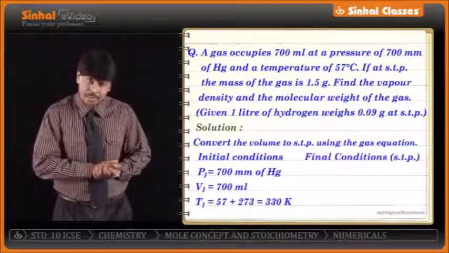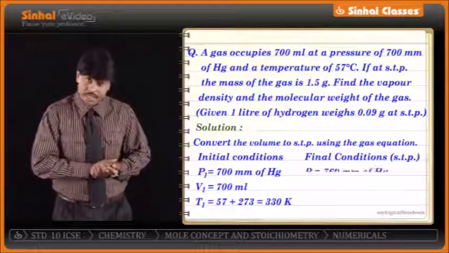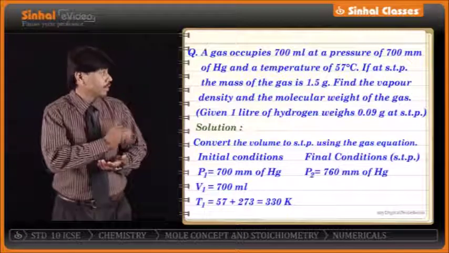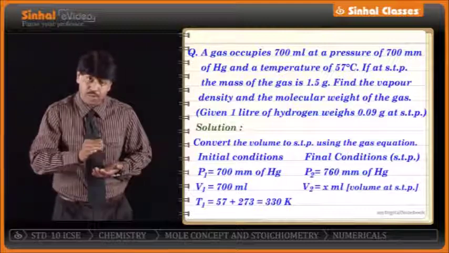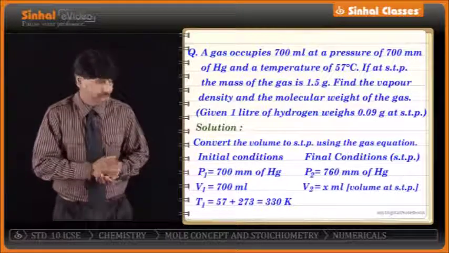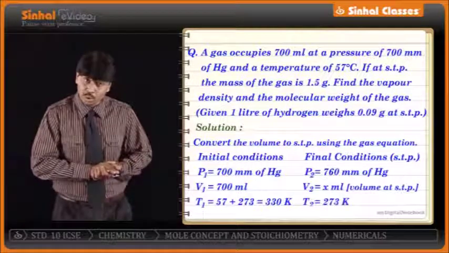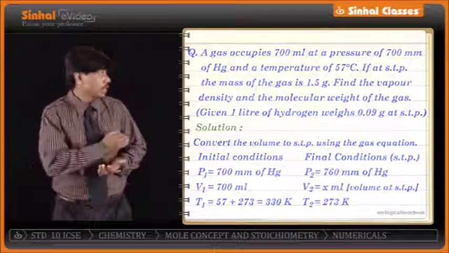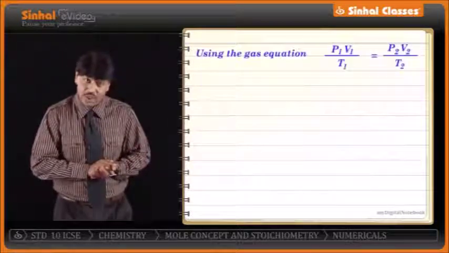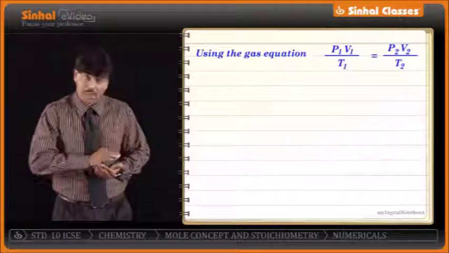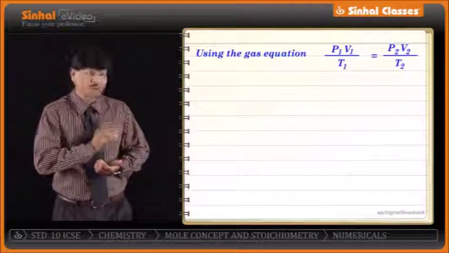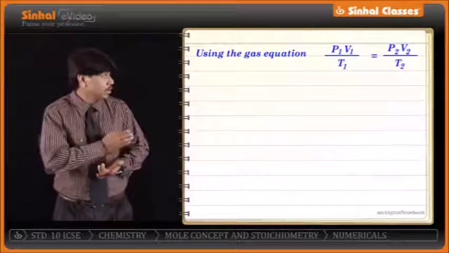Final condition at STP, P2 760 mm of mercury, V2 let it be X, the volume which we require to find at STP, T2 273 Kelvin. Now, using the gas equation, P1 V1 upon T1 is equal to P2 V2 upon T2.